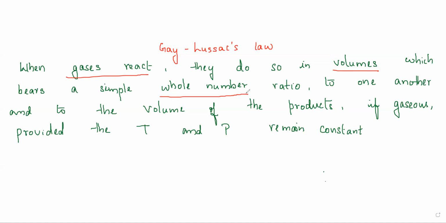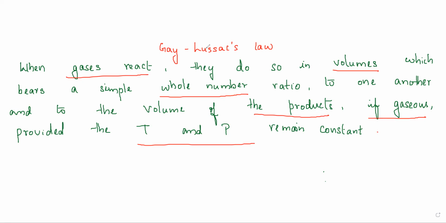So, whole number ratio to one another, meaning between the reactants and between the products, provided all of them are gases under similar conditions of temperature and pressure.